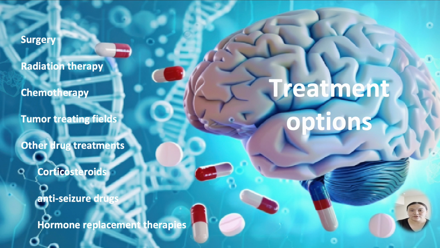TTF is a non-invasive treatment that uses low electric fields to disrupt cancer cell division. So with the disruption of cancer cell division, the tumor isn't able to multiply and grow. Doctors may also prescribe other drug treatments such as steroids, anti-seizure medications, and hormone replacement therapies.